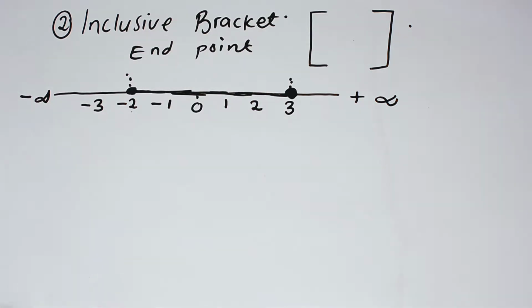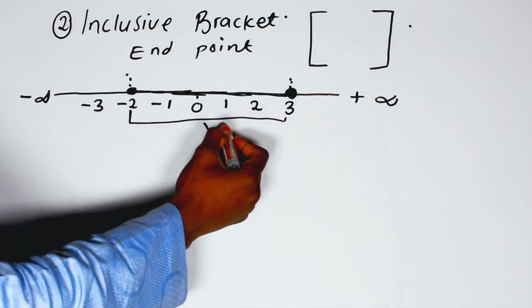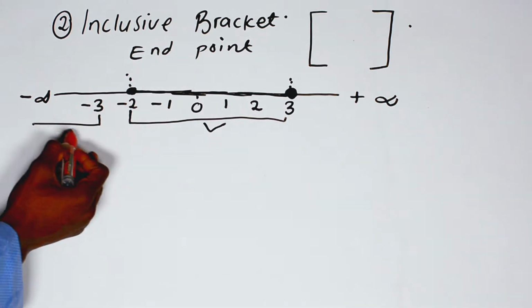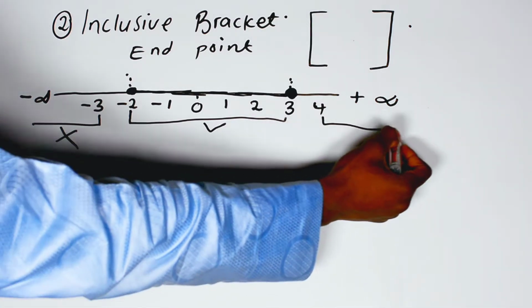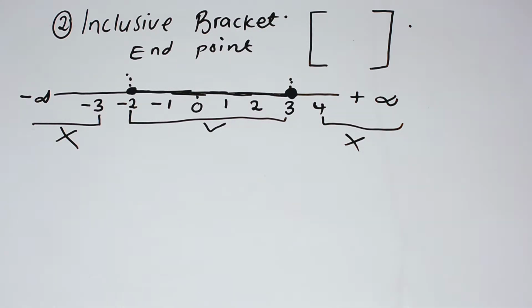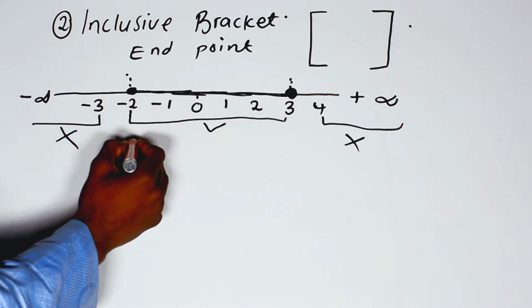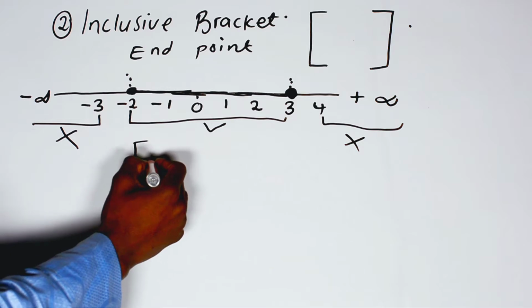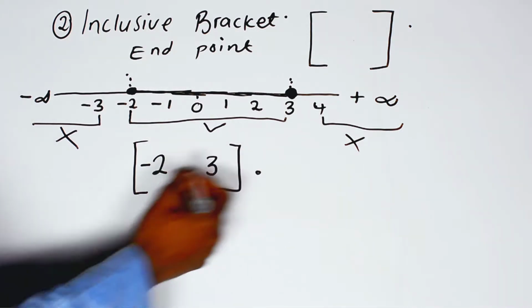This means that from negative 2 up to positive 3 are included, but negative 3 down to infinity and let's say 4 up to positive infinity are not needed. So to show this, we can present them in this bracket. Inclusively negative 2, inclusively positive 3.